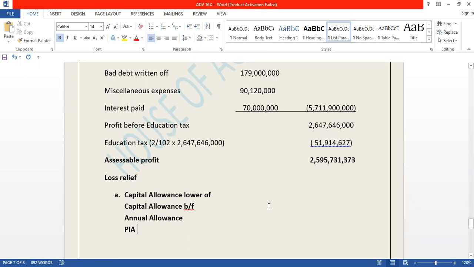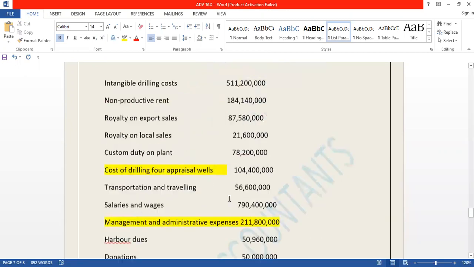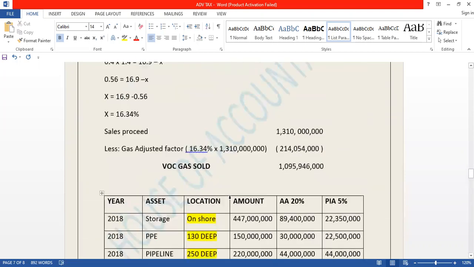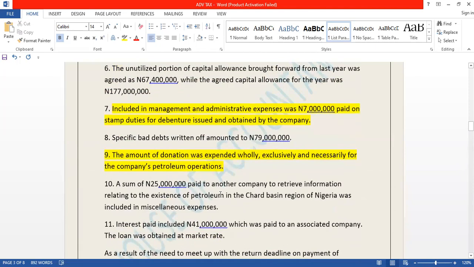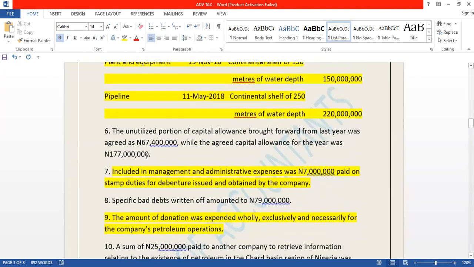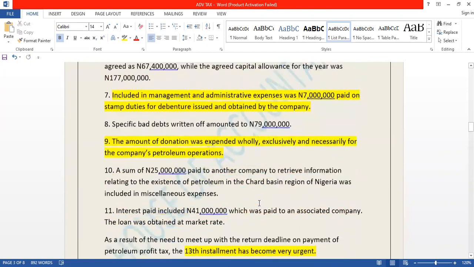So let's go back to that aspect. What is the capital allowance brought forward from the question? Okay, so capital allowance brought forward, we have 67, and they said agreed capital allowance for the year was 177. So we are making use of these two figures.